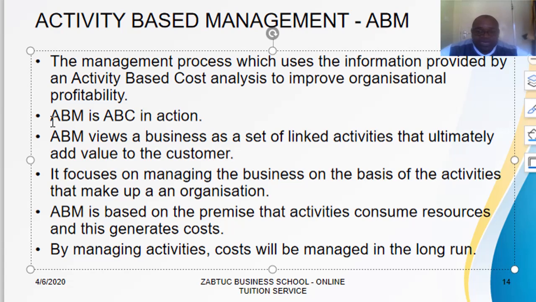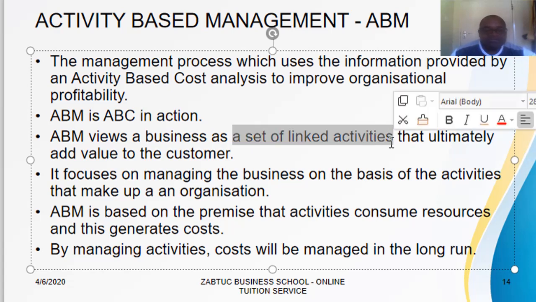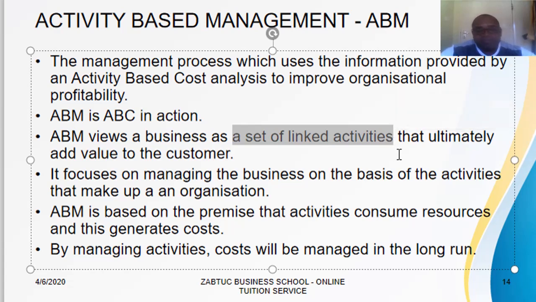So when you take an activity-based management approach to your business, you view your business as a linked set of activities. Here the focus is on activities as opposed to traditional departments or cost centers.